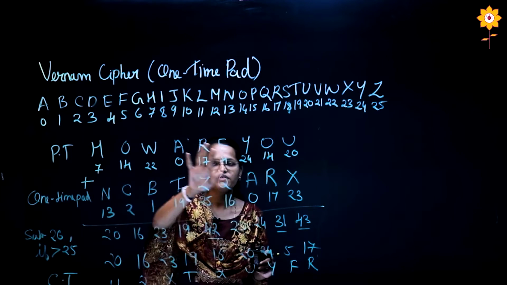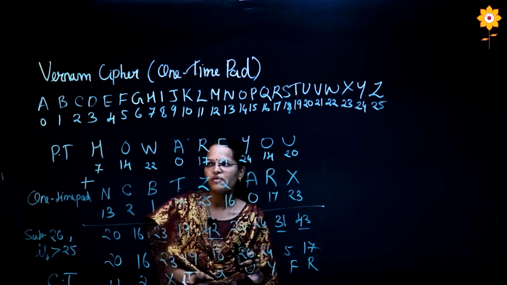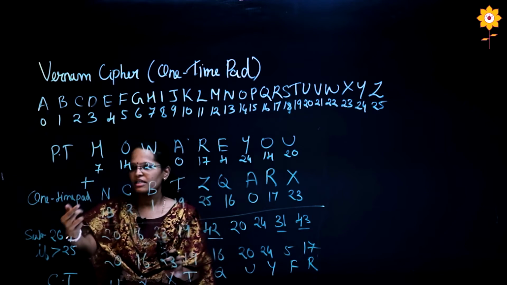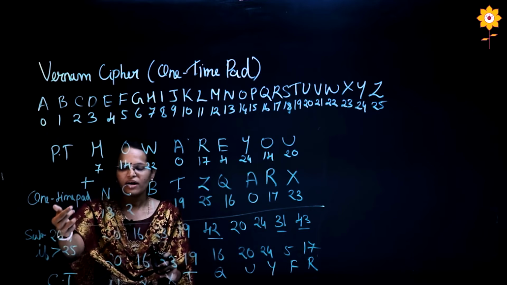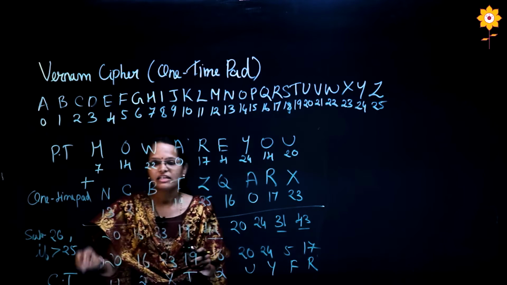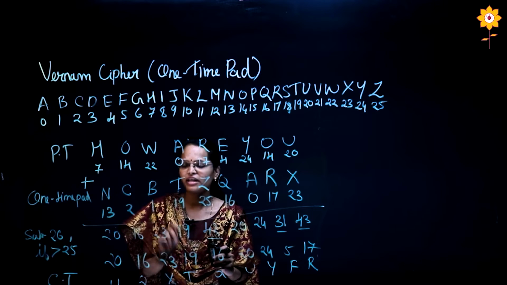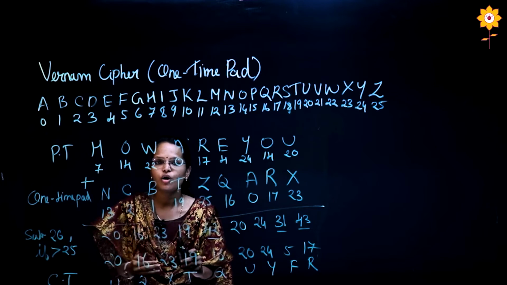Once you have numbered all the alphabets in the plain text message, the next thing you need to do is consider the one-time pad. Why is it called that? Because the key is used only once. Once you use it for encrypting one message, you will not use it again.